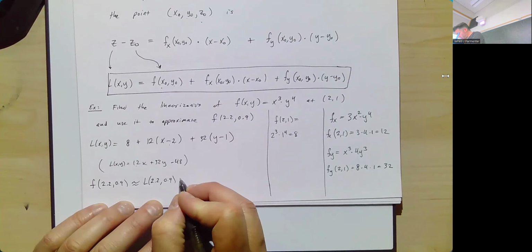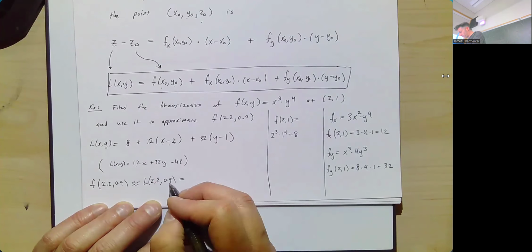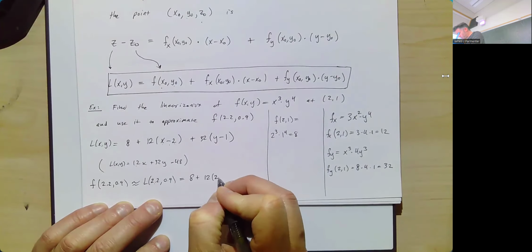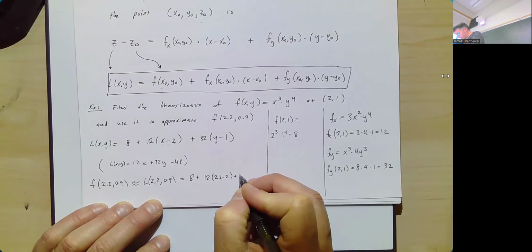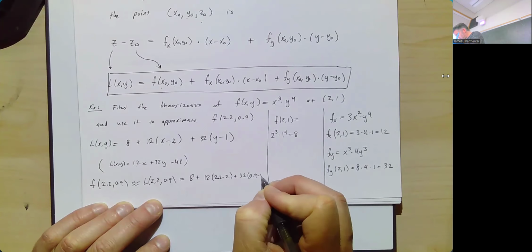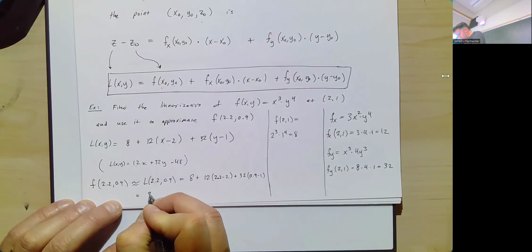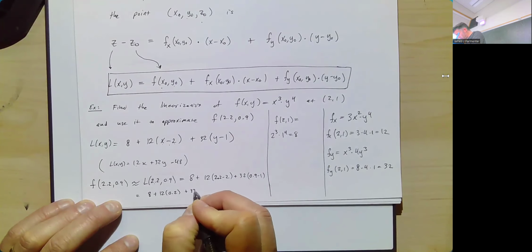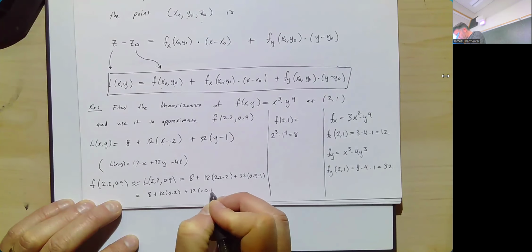And then we just plug 2.2 in for x and 0.9 for y. So I get 8 plus 12 times 2.2 minus 2 plus 32 times 0.9 minus 1. That ends up being 8 plus 12 times 0.2 plus 32 times negative 0.1.